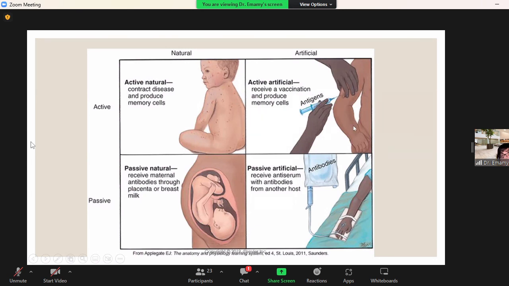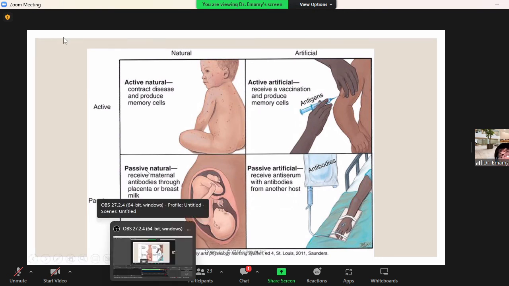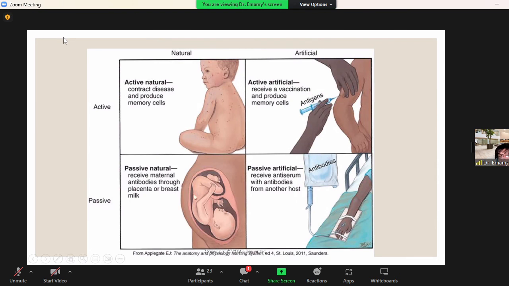Passage of antibody from mother to the fetus, or during breastfeeding from mother to the baby, is passive natural immunity. It's natural, but it's passive because the baby's B cells don't make antibody. They receive antibody from the mother.